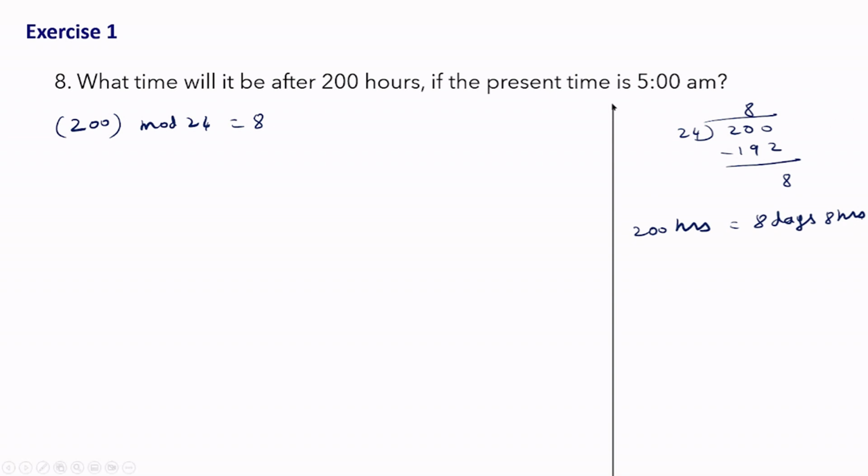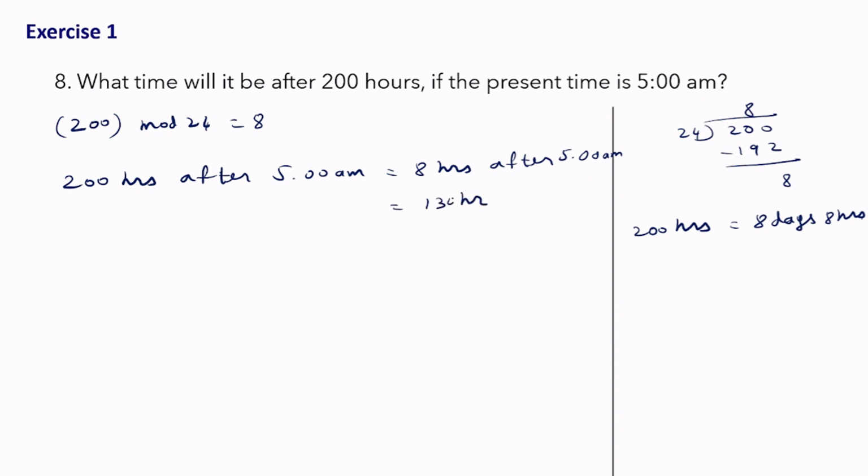So if we start from 5 a.m., 8 days after 5 a.m. will be 5 a.m. So 200 hours after 5 a.m. will be equivalent to 8 hours after 5 a.m. If it is 8 hours after 5 a.m., then it is 13 hours.